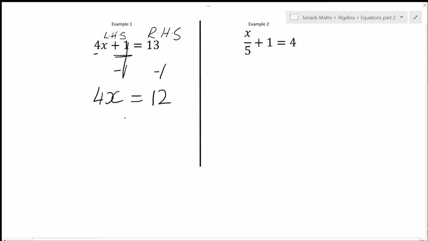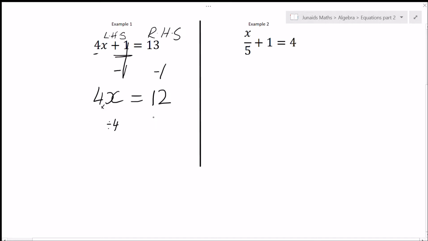Now we have managed to come down to only one number on the left hand side. And how do we get rid of that? We are just going to do the opposite. As you know, there is a hidden times sign here, and 4x is the result of 4 being multiplied with x. So now let's go ahead and do the opposite.